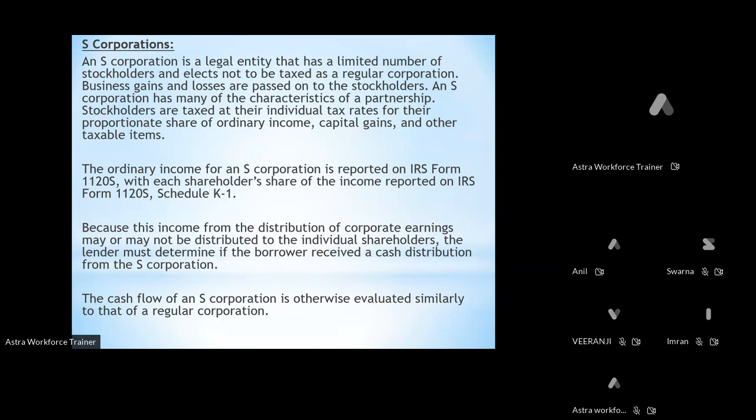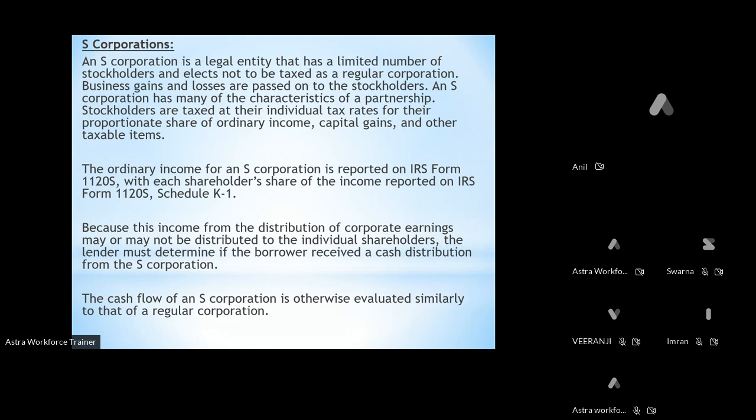An S corporation is a legal entity that has a limited number of stockholders and elects not to be taxed as a regular corporation. Business gains and losses are passed on to the stockholders. An S corporation has many of the characteristics of the partnership. Stockholders are taxed at their individual tax rates for their proportionate share of the ordinary income, capital gains, and other taxable items.